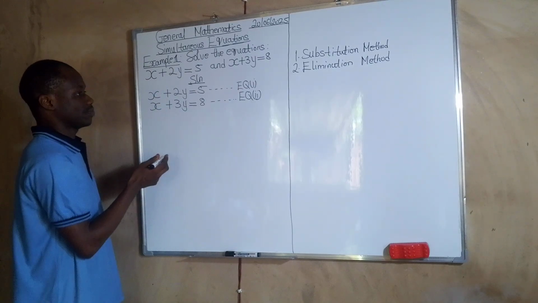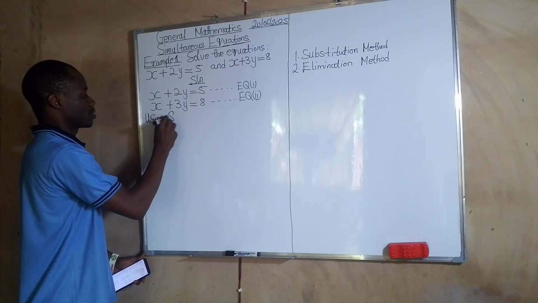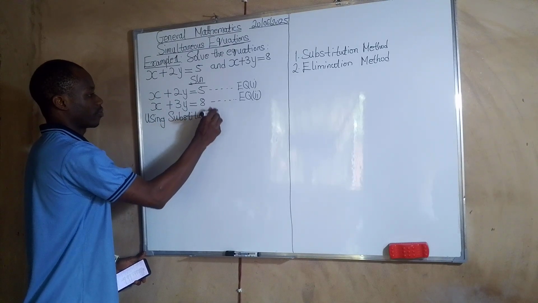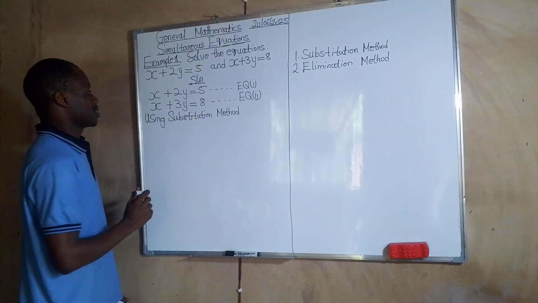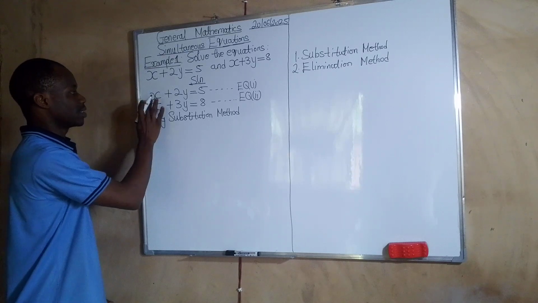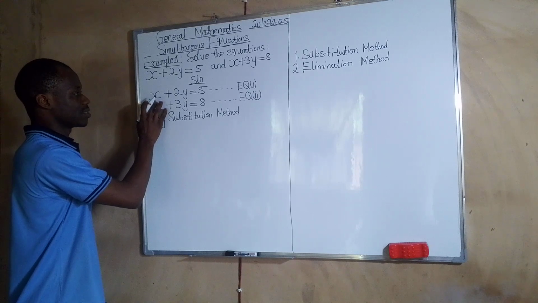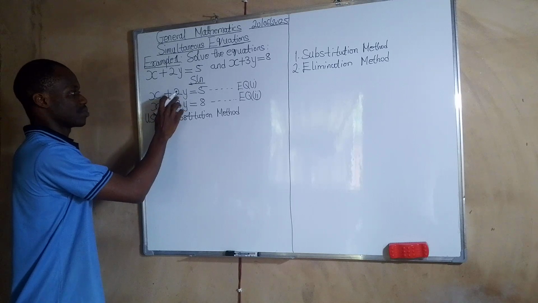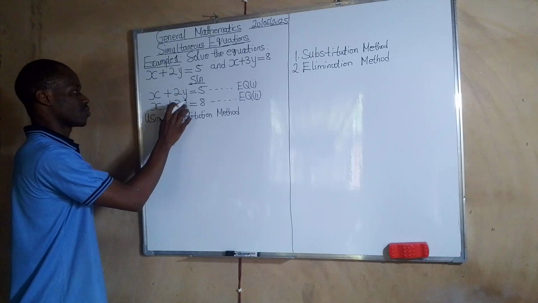So now, using the substitution method, for us to substitute easily, we make use of the one that does not have a coefficient, and that one is x. The coefficient of y in equation 1 is 2, while in equation 2 it is 3.